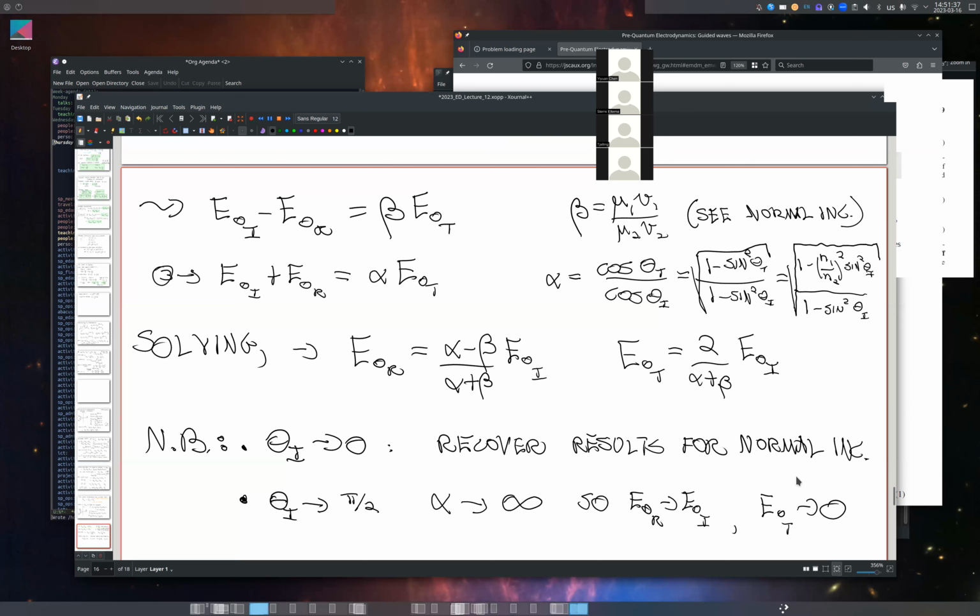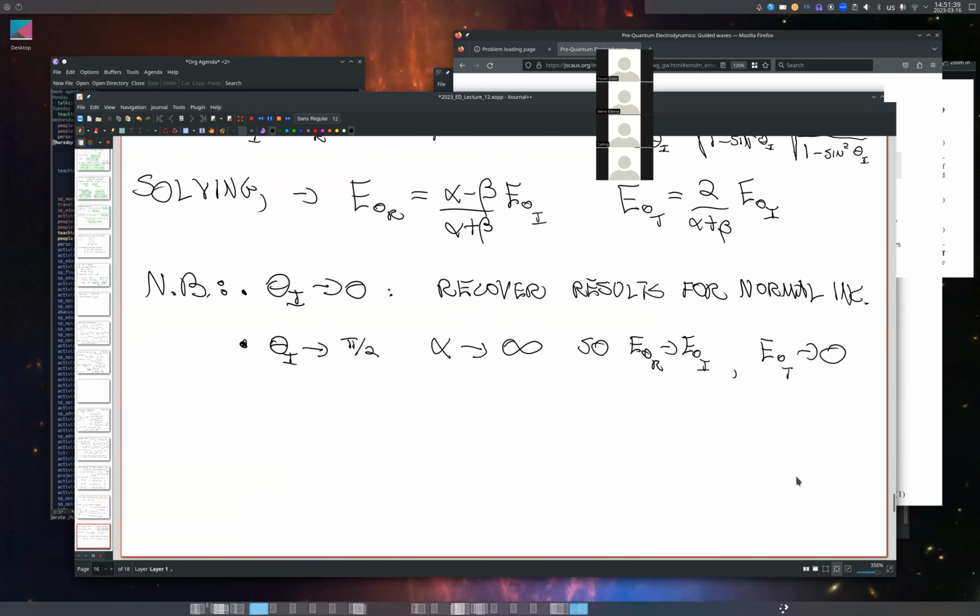Perhaps even more fun, the most fun bit, is that there exists an angle that is known as theta B, Brewster's angle.